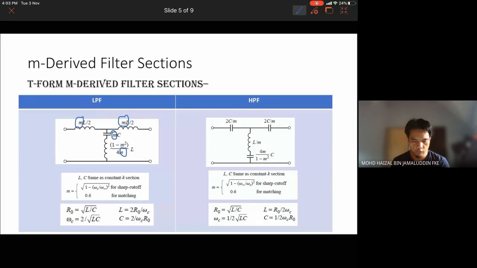To have a good match, we choose m equal to 0.6, while to have a sharp cutoff, we choose m equal to the square root of 1 minus (omega c over omega infinity) to the power of 2. Again, if L and C are given, we can find R0 and omega c. And if R0 and omega c are given, we can find L and C.